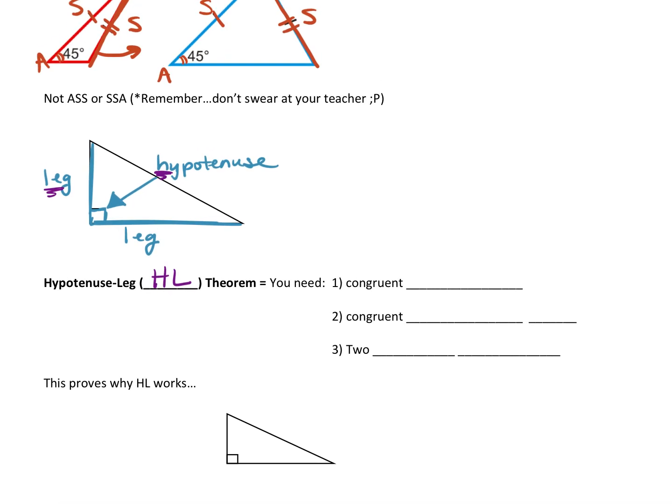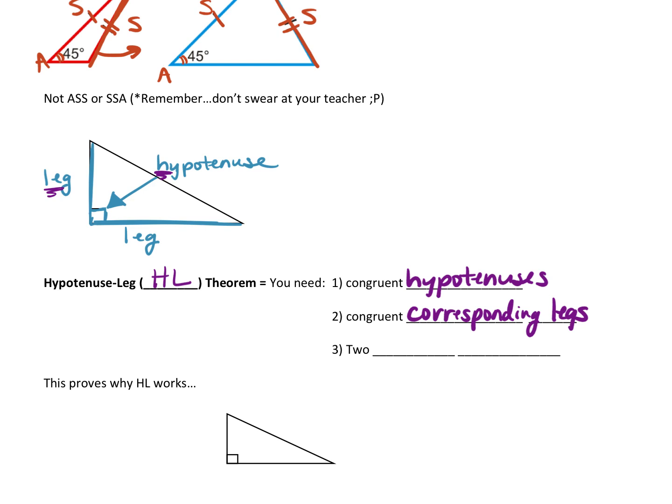The three things you need are, you need congruent hypotenuses. Has to be that one hypotenuse is congruent to the other hypotenuse. You need congruent corresponding legs.